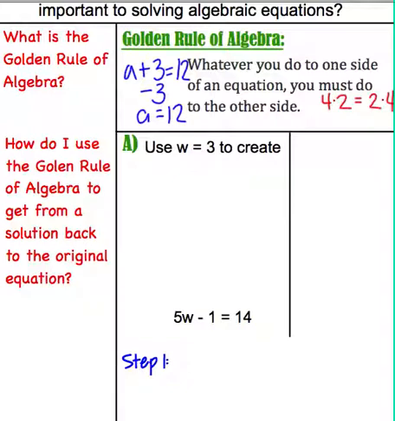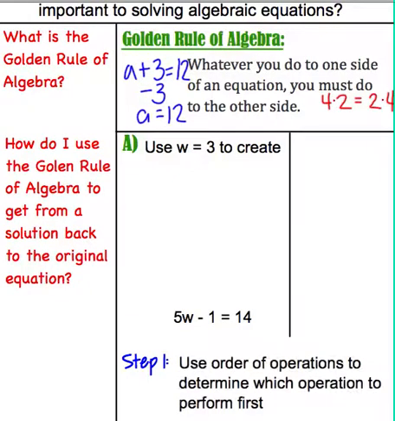If we start off with the problem using w equals 3, we want to use that solution to create our equation of 5w minus 1 equals 14. We're going to start with our first step of using order of operations to determine which operation to perform first. If you recall, in the last section on checking our solutions, we're doing the same thing.